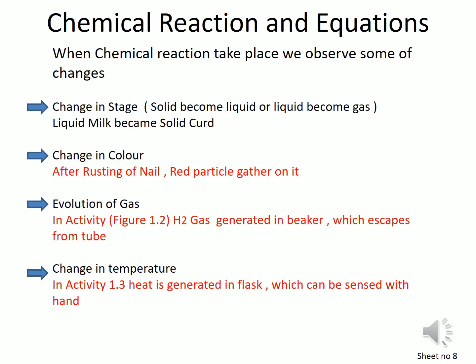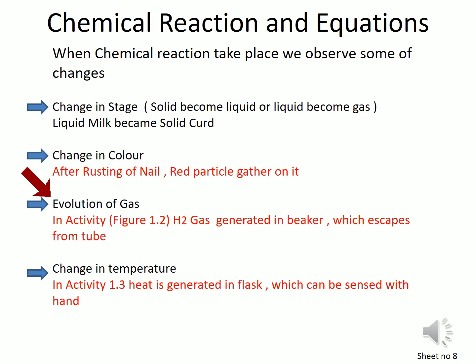Now, whenever a chemical reaction takes place, we observe some changes. In some cases, there is a change in state, that is, solid form becomes liquid or liquid form becomes gas. The very first example we have seen is how liquid milk becomes solid curd. Then the second one is change in color. After rusting of a nail, red particles gather on the nail. So this is one of the signs during the process.